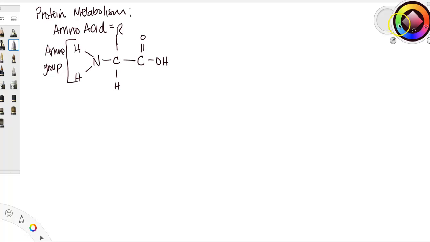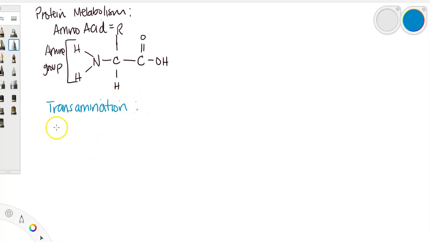So, transamination. In transamination, basically an amine group from an amino acid is switched onto a keto acid.